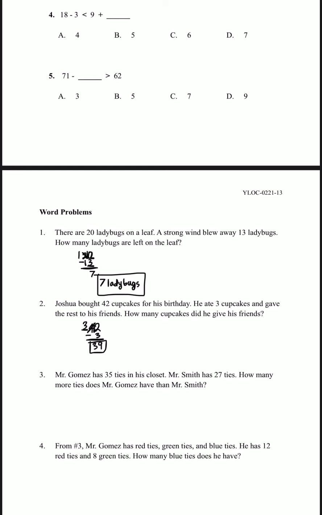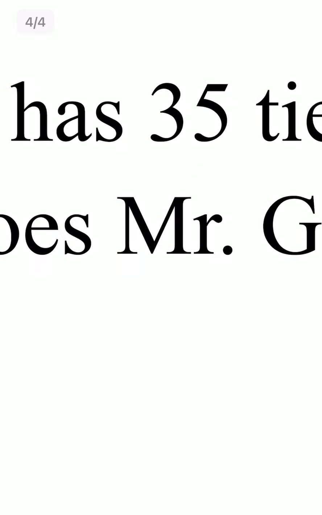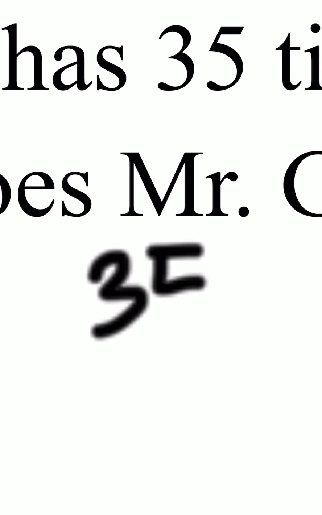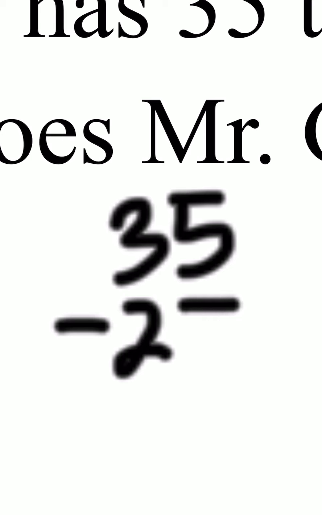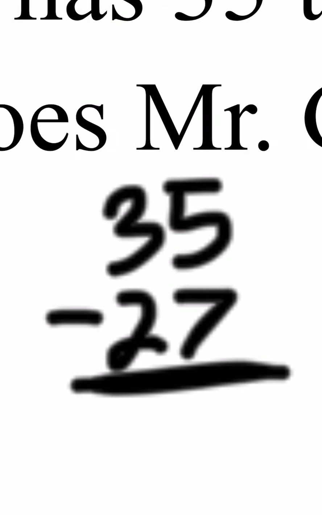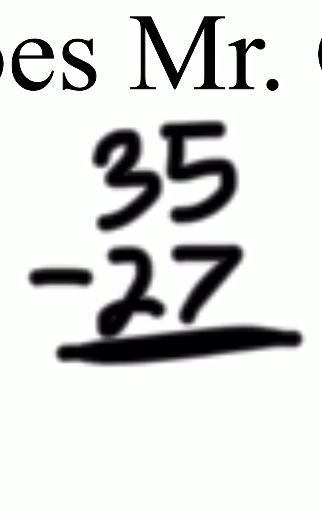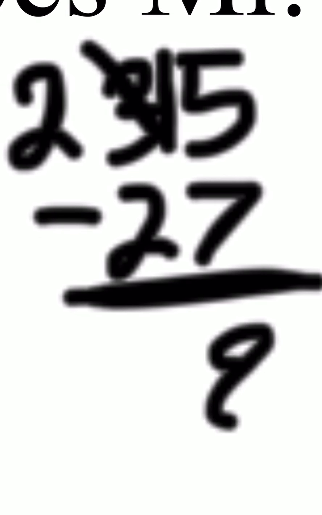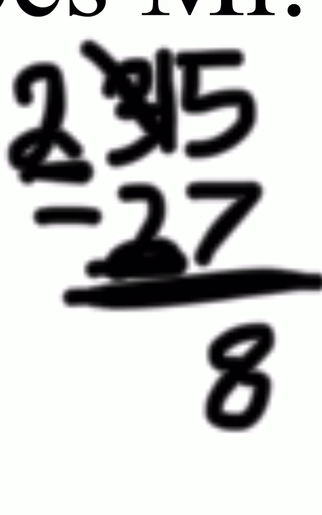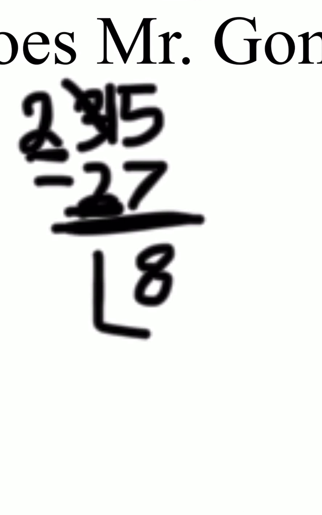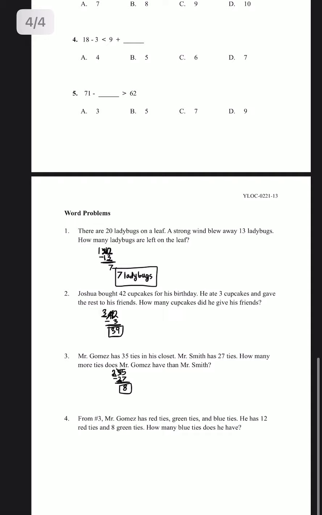So, to find the difference, we need to subtract 27 from 35. 35 minus 27. 7 is greater than 5, so we need to borrow from 3, which becomes 2, and 5 becomes 15. Now, 15 minus 7 is 8, and 2 minus 2 is 0. So, 8 is the answer for number 3.